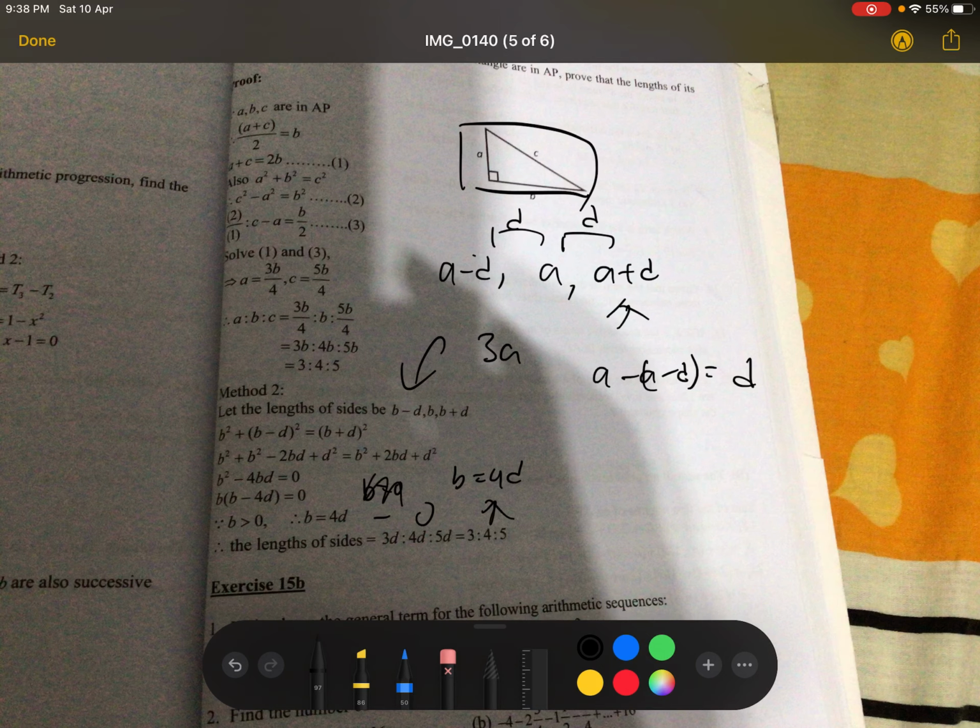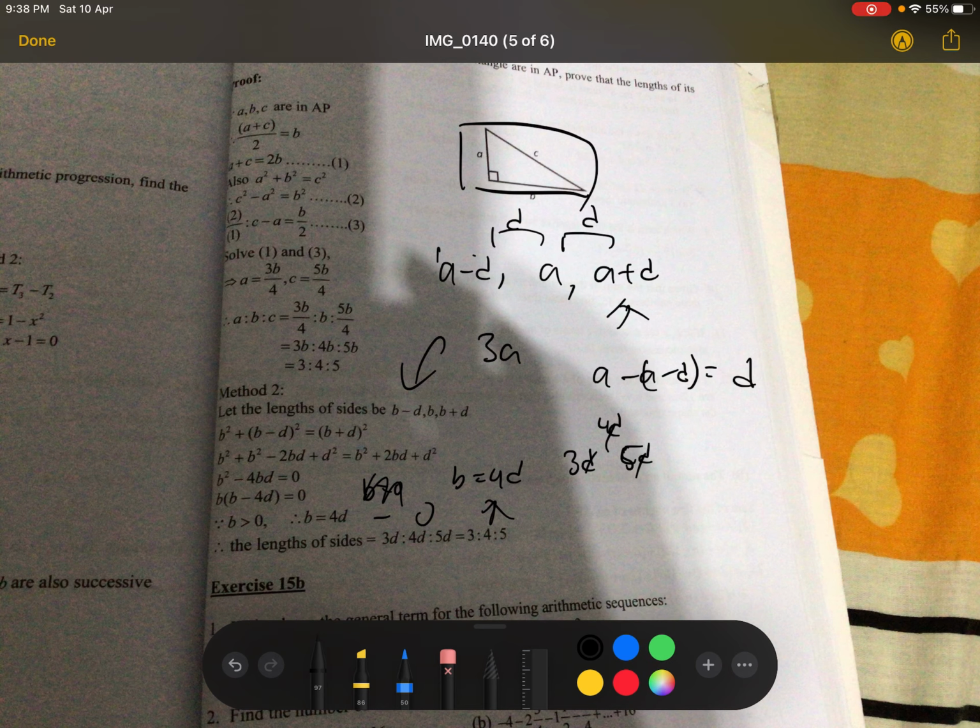So you need more than 0, so 4d. So b equals 4d. So b minus d is 3d, b is 4d, b plus d is 5d. So 3d, 4d, 5d. So they are in the ratio of 3, 4, 5.